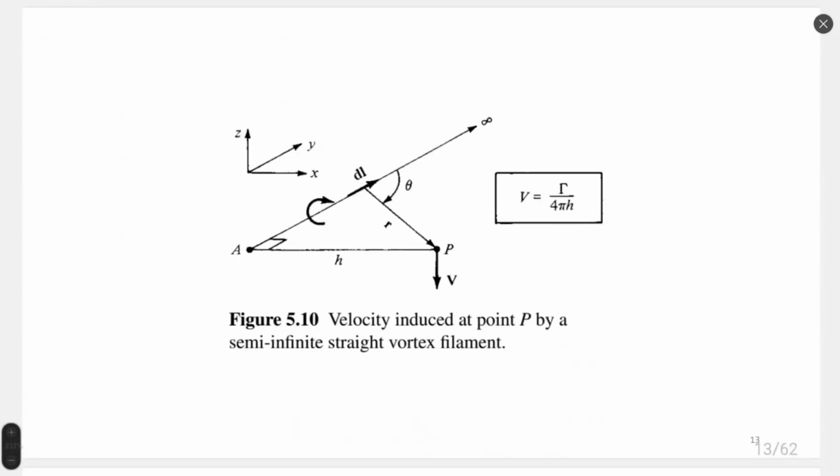Okay, this is again the concept, showing the picture of a vortex filament and the velocity at any arbitrary point created by this vortex filament. We see that velocity is inversely proportional to the distance. So closer to the vortex filament, velocity goes to infinity. Far from this vortex filament, velocity goes to 0.